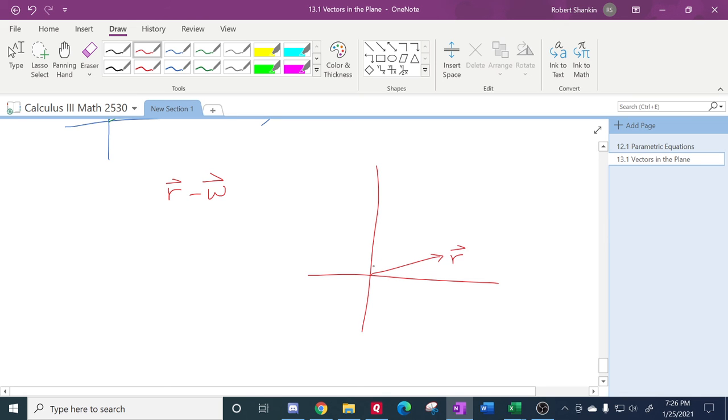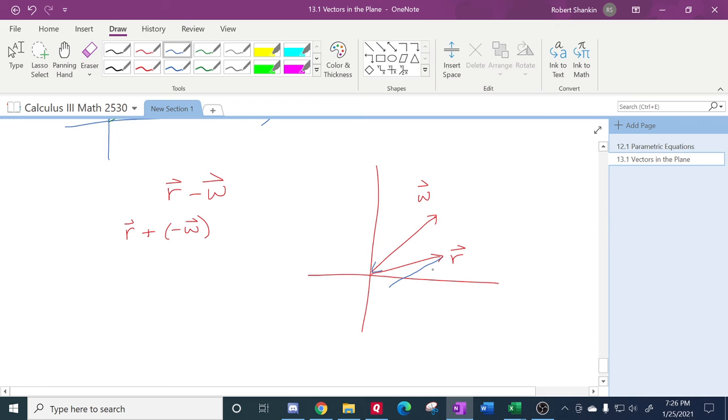R, w in standard position. And now, one of the other ways you might have learned before might have been do this. So negative w is just the same vector but putting the arrow down here. And then you move this one tip to tail over here.